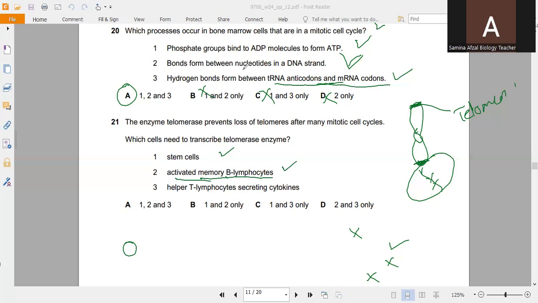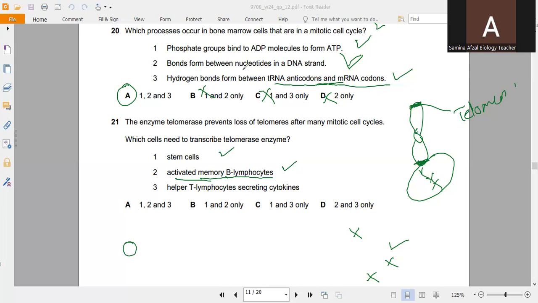When they encounter an antigen, they rapidly proliferate to produce antibodies. So they require telomerase activity to maintain telomere length during the initial expansion of the memory cell population. They need telomeres because they should not be lost.